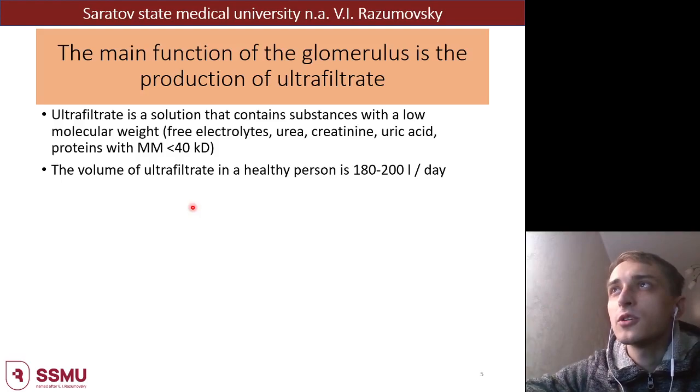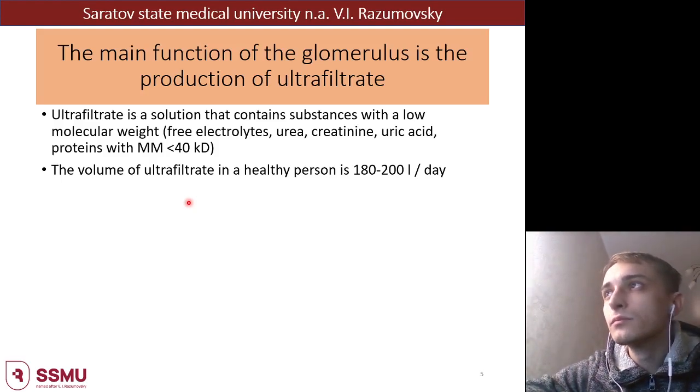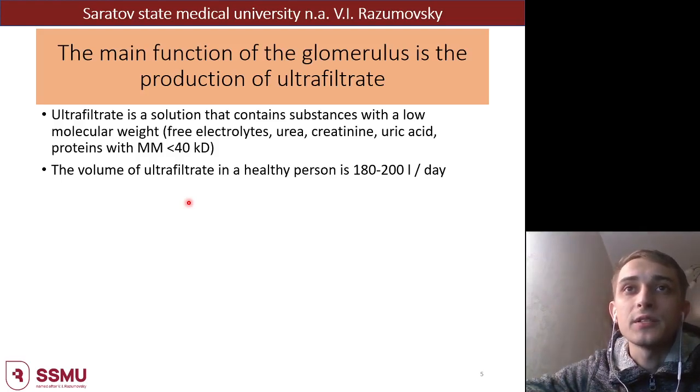The main function of the glomeruli is the production of ultrafiltrate. Ultrafiltrate is a solution which contains a lot of low molecular weight products, like free electrons, urea, creatinine, uric acids, and proteins with low molecular masses.